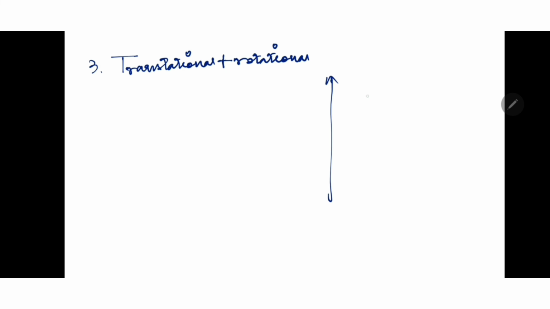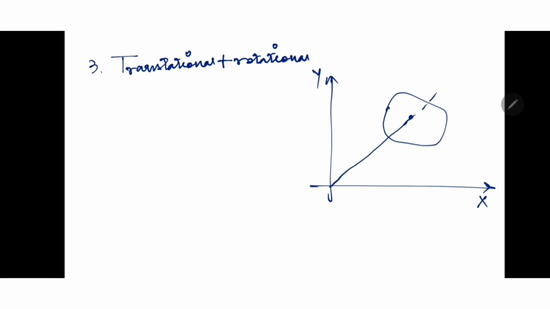Now here consider a diagram. This is the body, this is the center of mass. This is r vector, or r of center of mass. It rotates with an angular velocity omega, and this is the velocity of the center of mass. This angle is suppose theta.